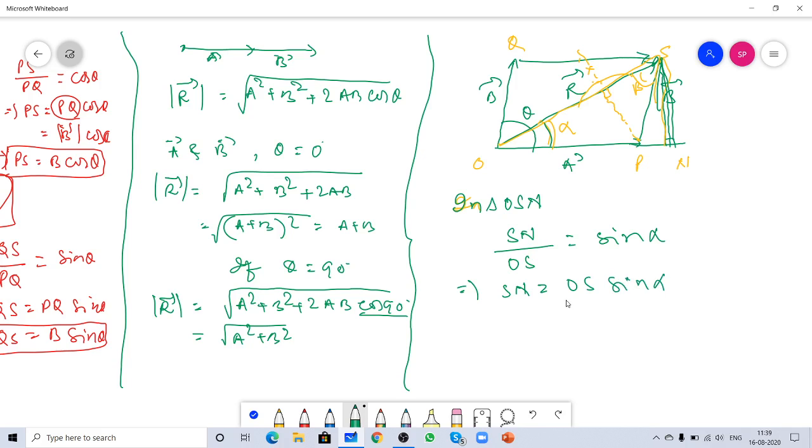What is OS? OS is your R vector magnitude, so ultimately we are getting SN is equal to R sine alpha.